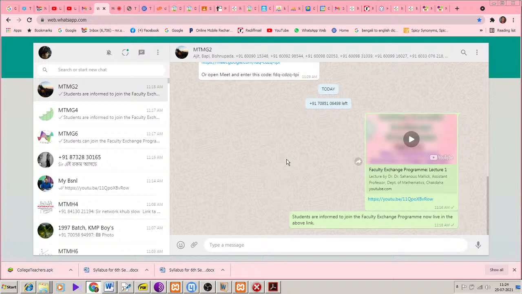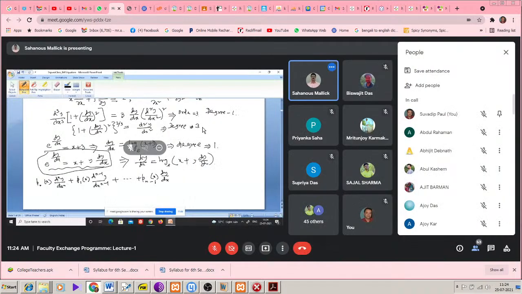P0(x) dⁿy/dxⁿ plus P1(x) dⁿ⁻¹y/dxⁿ⁻¹ plus ... plus Pn-1(x) dy/dx plus Pn(x) y equal to q(x).